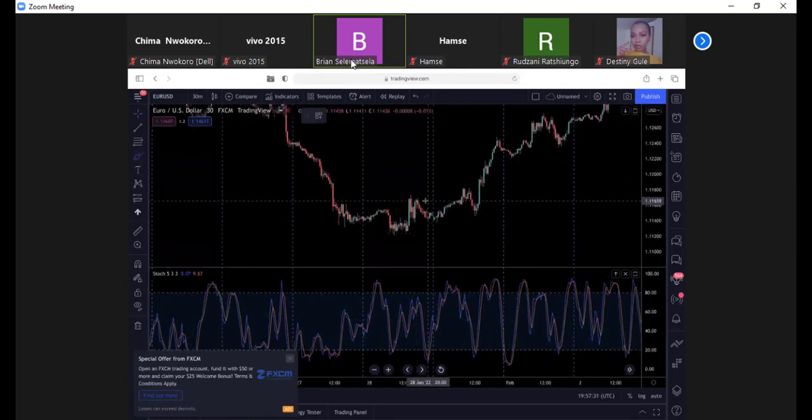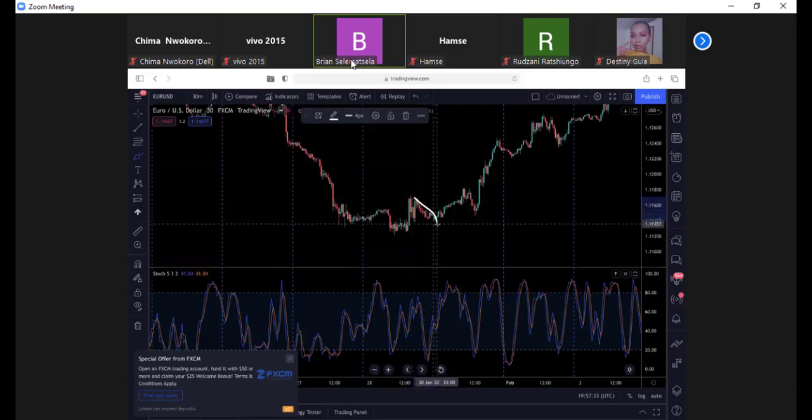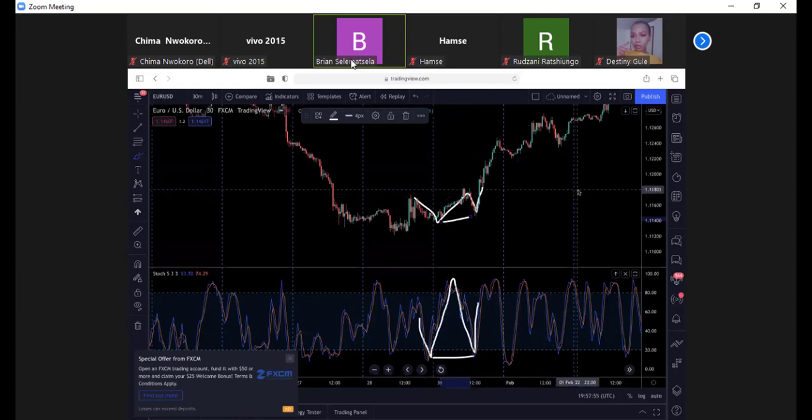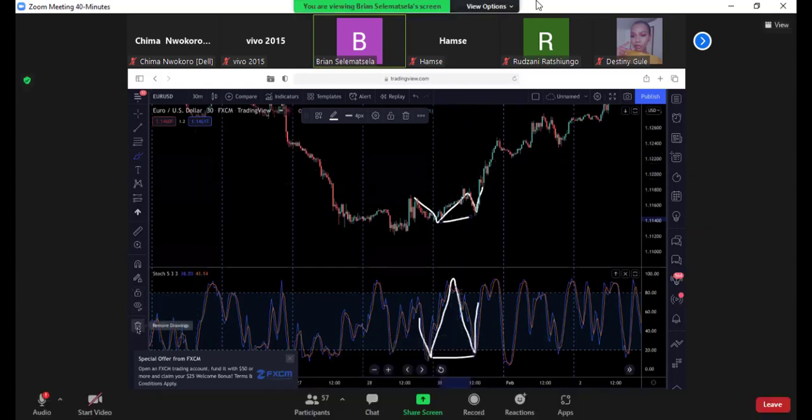In a normal way, if this point is lower than that point, it must also be the same here. So you guys can see from here to there, from there to there, the market is ascending. That's how everything should be.